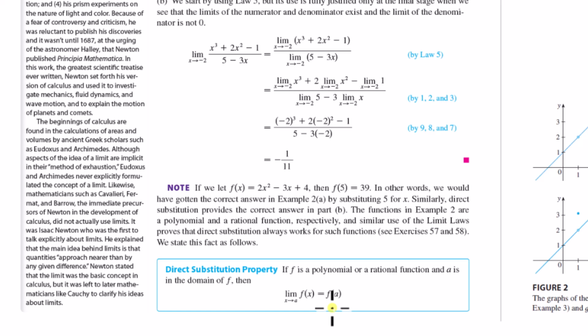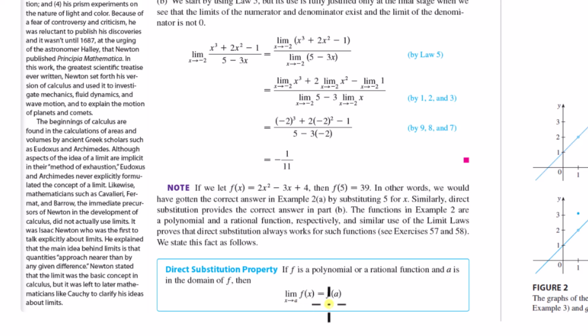All they're saying is that if it is the case that the limit function is a polynomial or rational expression, which is f of x, and at the same time the limit point a, the value that the limit is specified to be approaching, happens to be a value that is in the domain of the expression, then in that case the overall limit expression is equal to f of a, the function evaluated at a.